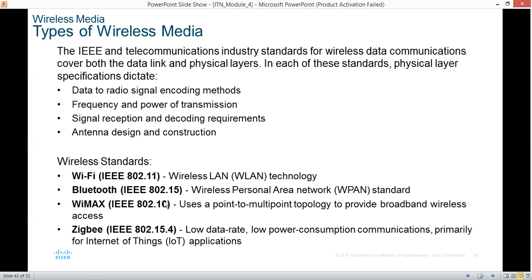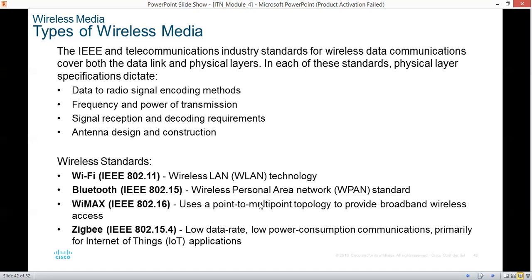Then your Bluetooth operates at 802.15, which is actually used for personal area network. And remember, a personal area network is just a setup of your system connecting, maybe by Bluetooth, to your printer, your scanner, because everything is going wireless. So you could have a workstation in your office that is connected by Bluetooth, and you can print, connect, share resources and all of that.